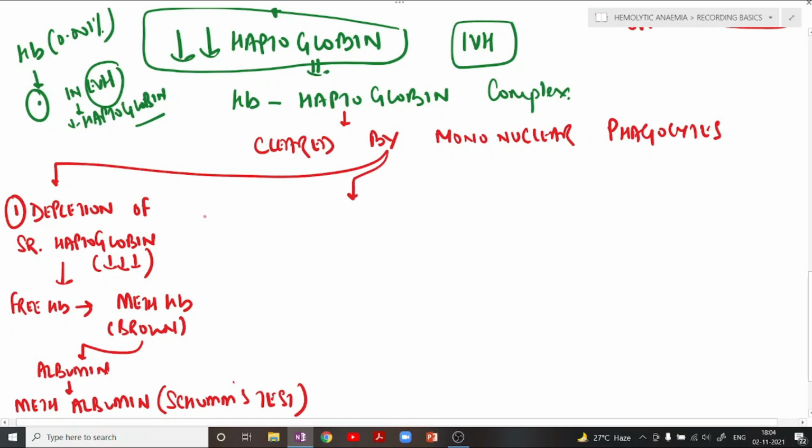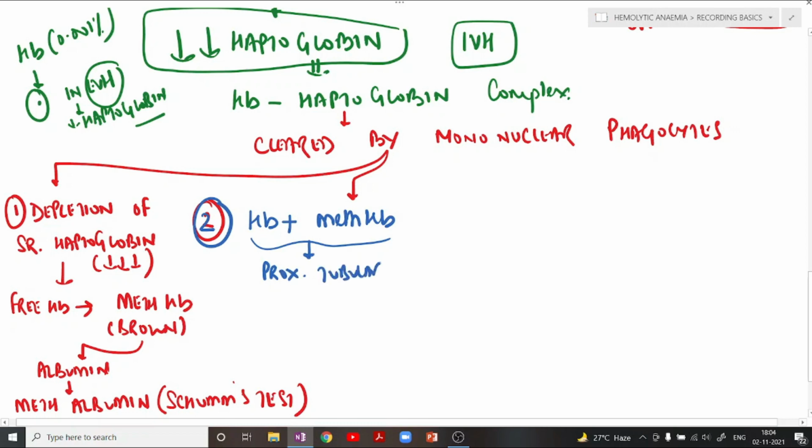Now the second important feature, let me take a different color pen so that it becomes easier to understand. As I told you, this hemoglobin along with methemoglobin is going to get absorbed by the proximal tubular cells. They are going to go into the kidneys.